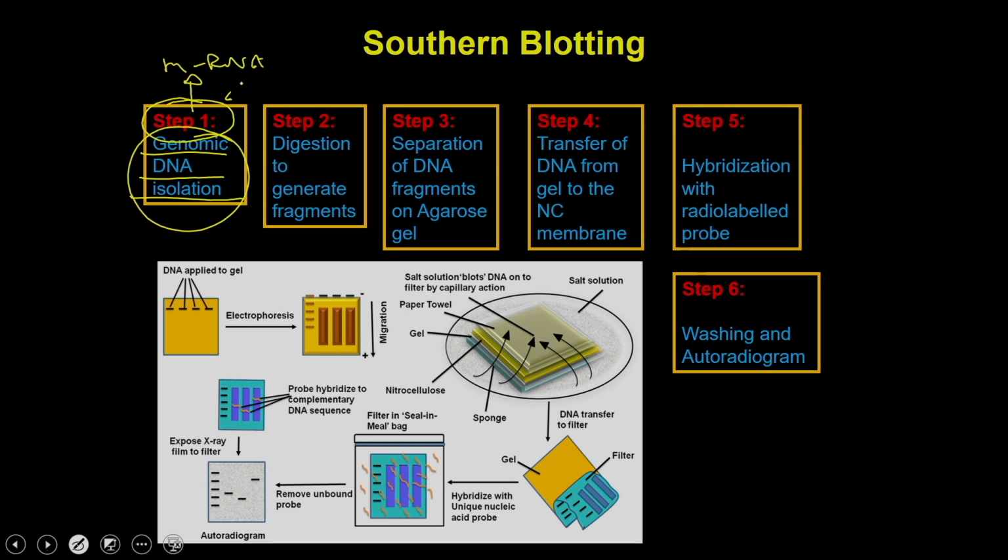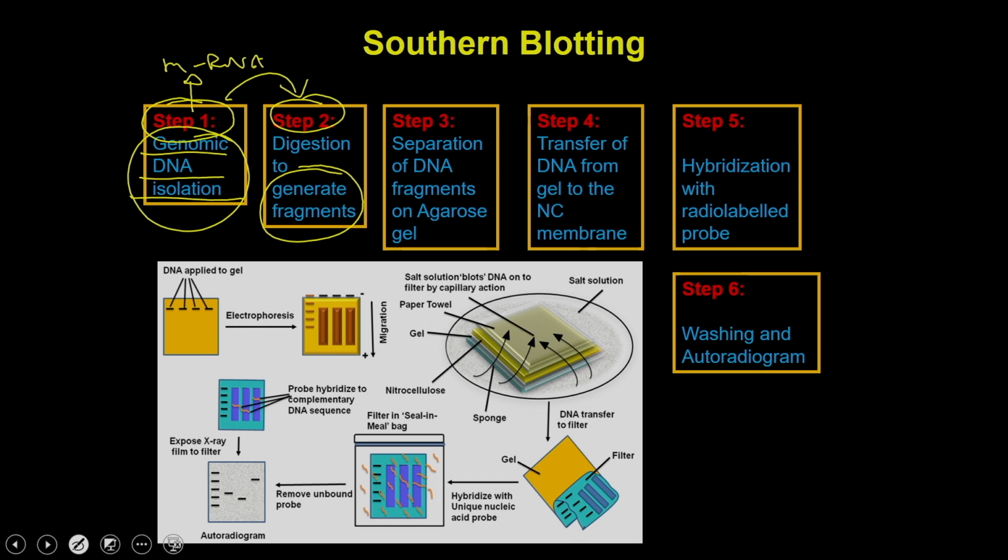Then in step 2 you fragment the genomic DNA, so that it gives you different fragments. All these fragments represent one or more genes. Ideally, we make the fragments in such a way that each represents a single gene.